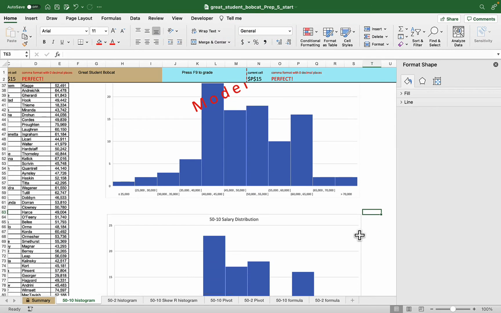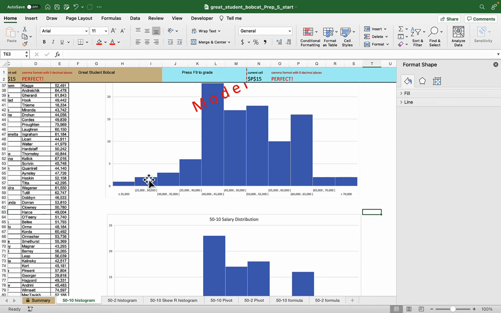Now, you're probably wondering, why 11 bins? How did that happen? It's actually kind of pretty straightforward math. You look at the 25,000 here and the 70,000 here, and the difference between those two numbers is 45,000, right? If I want these in between to go 5,000 at a time, then I take 45,000 divided by 5.